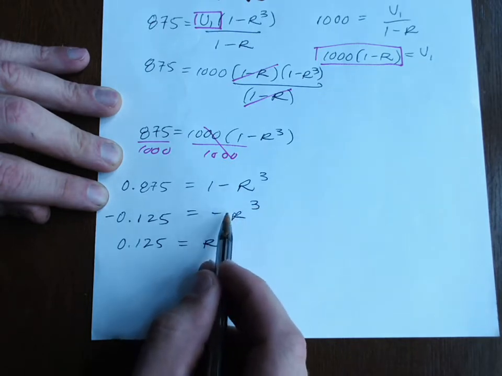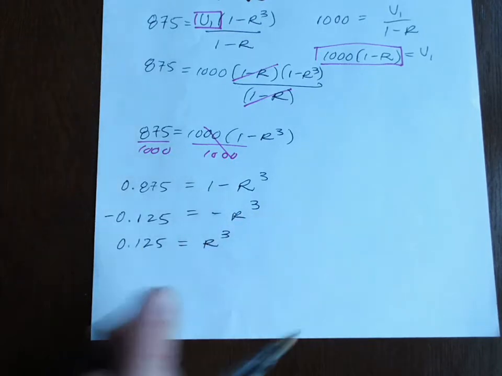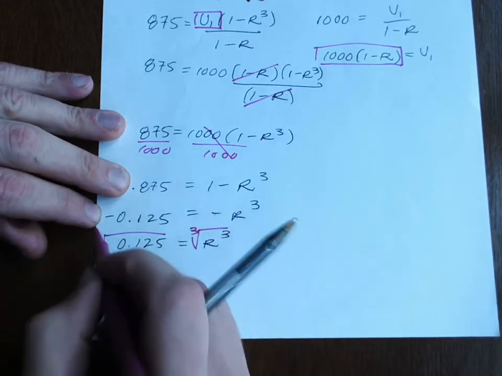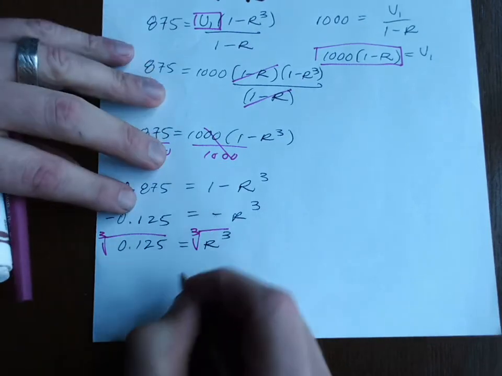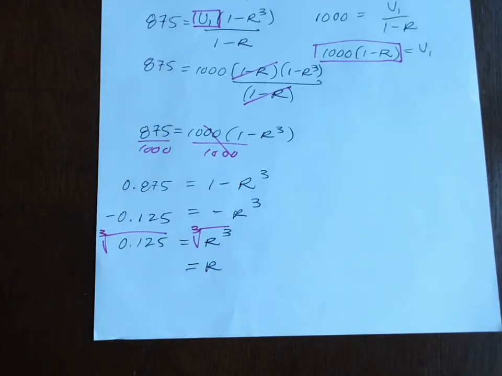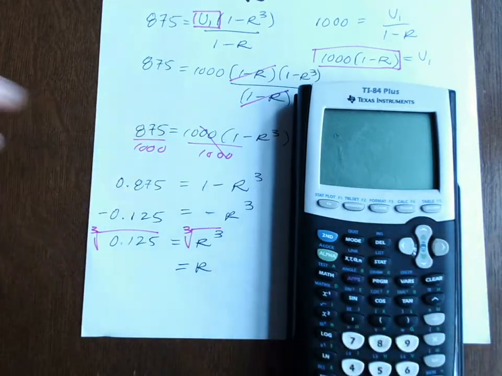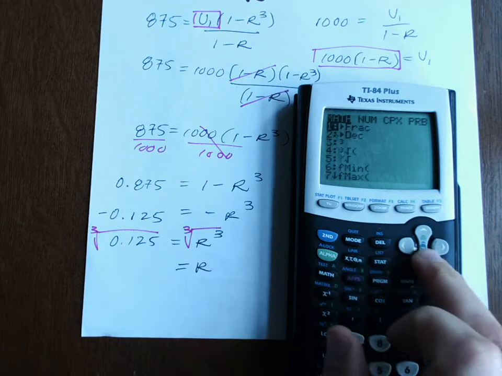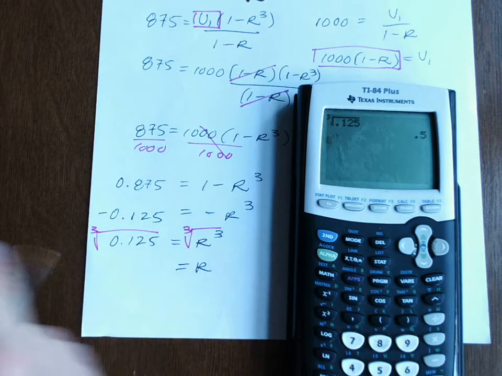It's just a minus as a multiplier of -1 in front of it. And so now the last thing to do is to cube root both sides. And then on this side we get r. And let's go ahead and cube root 0.125, and that'd be 0.5.